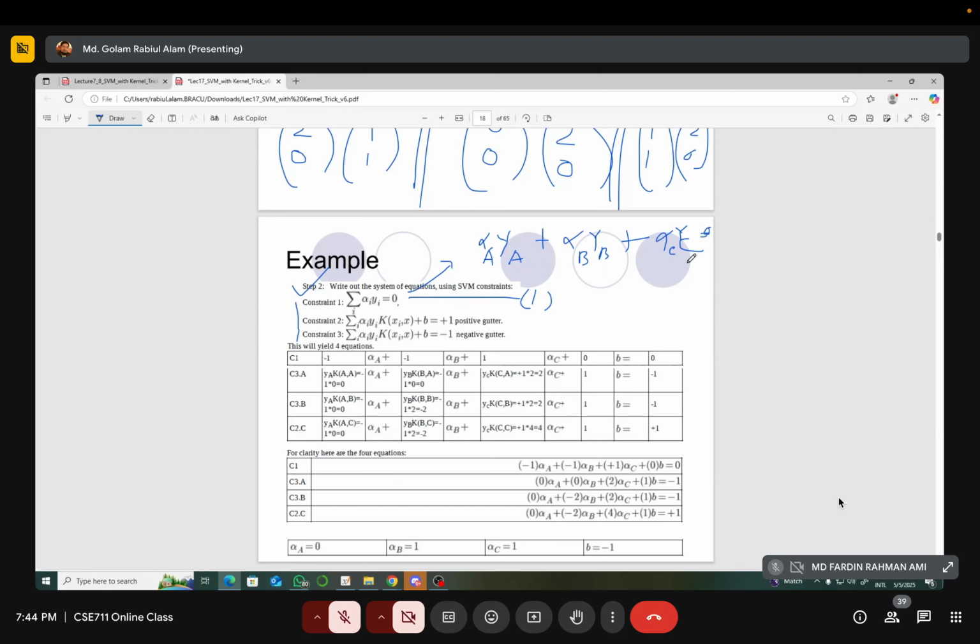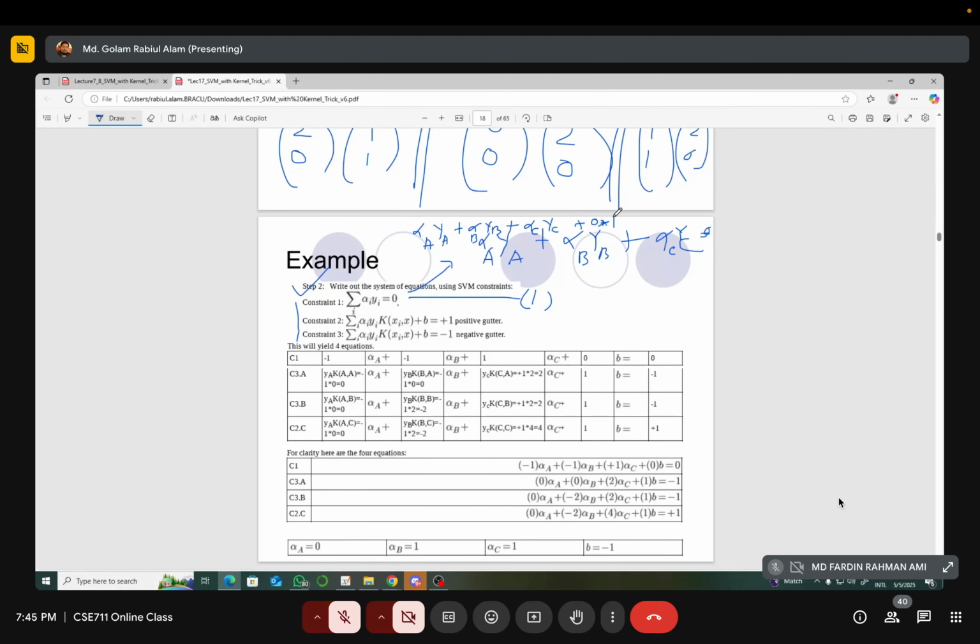So in this equation there is no b. That means we can say there is alpha a ya plus alpha b yb plus alpha c yc plus 0 times b. We can rewrite that equation in this way: alpha a ya plus alpha b yb plus alpha c yc plus 0 times b.